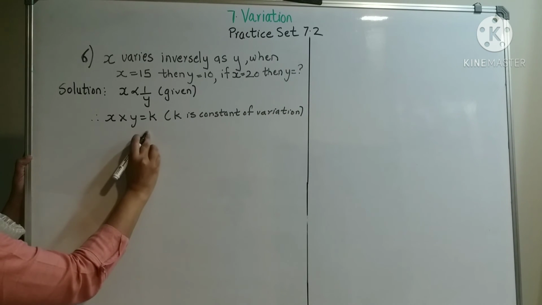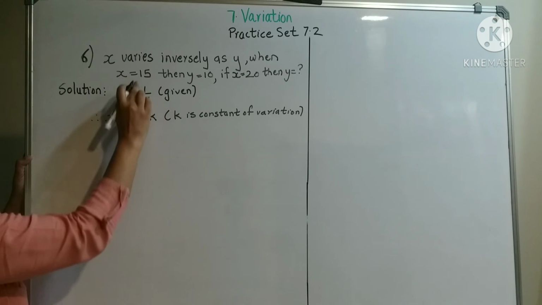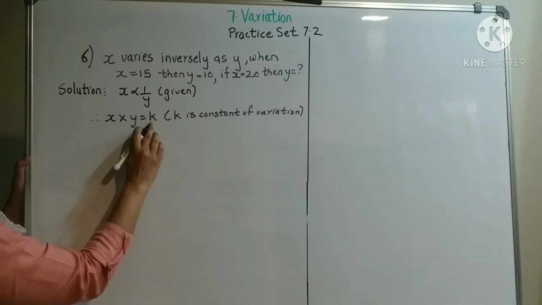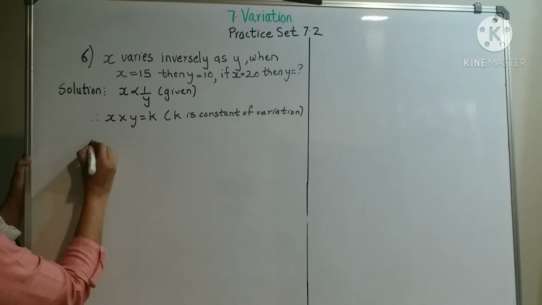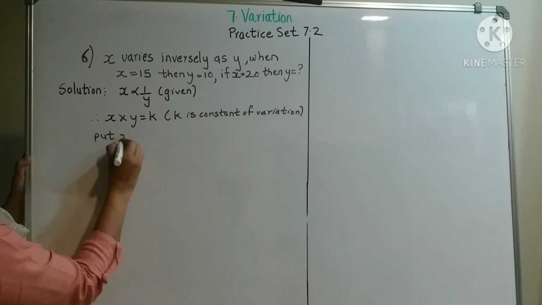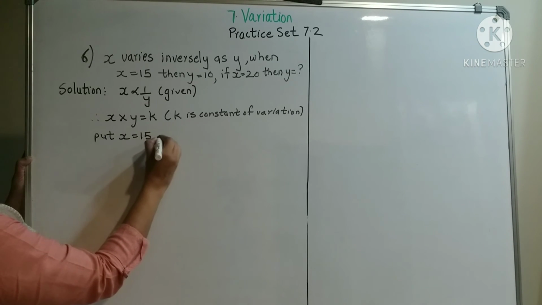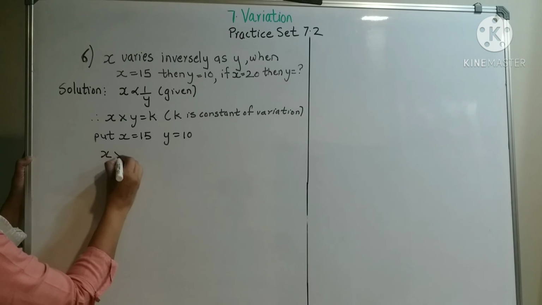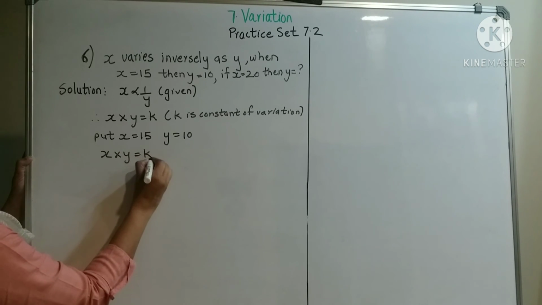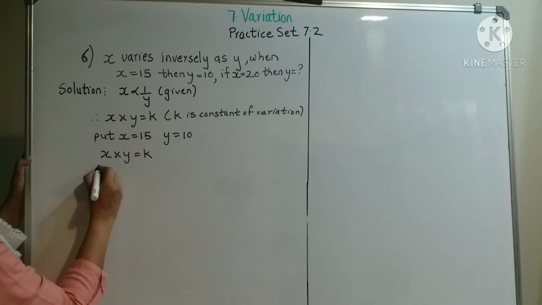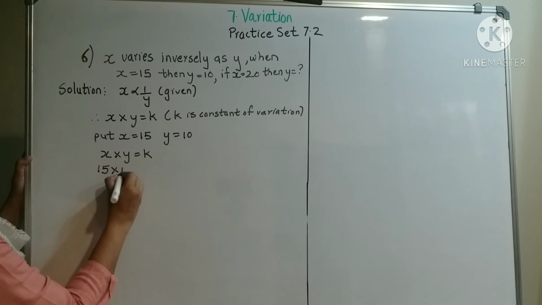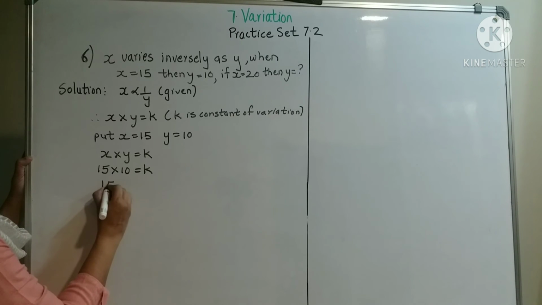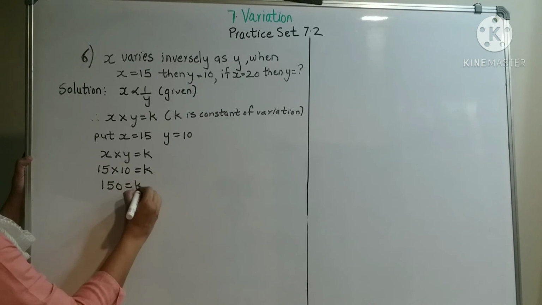Now, in this equation, we are going to put the value of x as 15 and the value of y as 10 and find out the value of k. Put x is equal to 15, y is equal to 10. Write down the equation: x into y is equal to k. Value of x is 15. 15 into 10 is equal to k. 150 is equal to k.